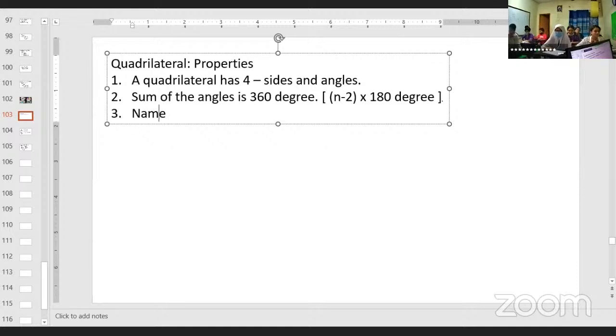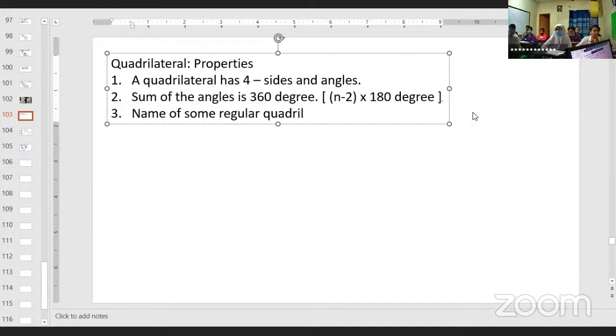So name some regular quadrilaterals. Regular means you can explain some specific properties, right? Irregular means it doesn't have any specific properties. Regular means it has some specific, common properties.